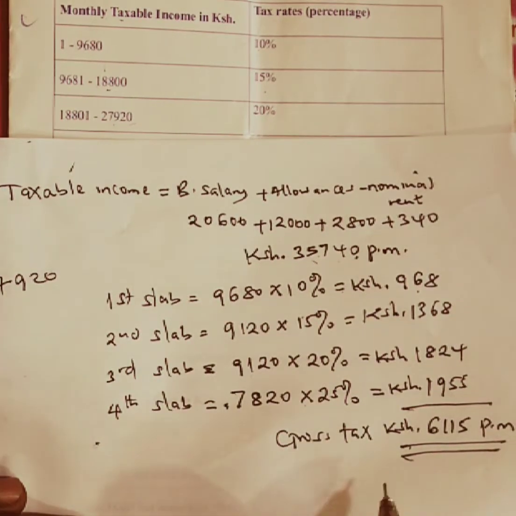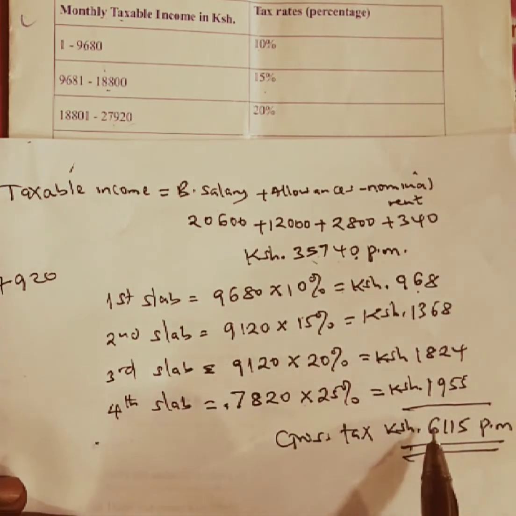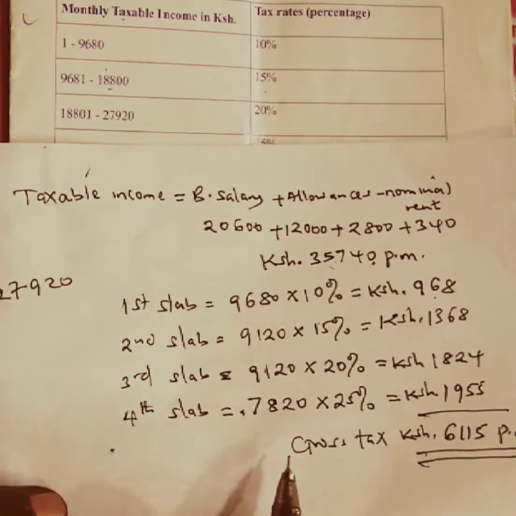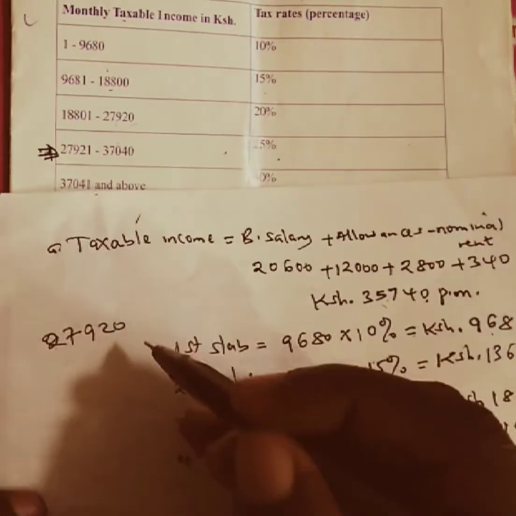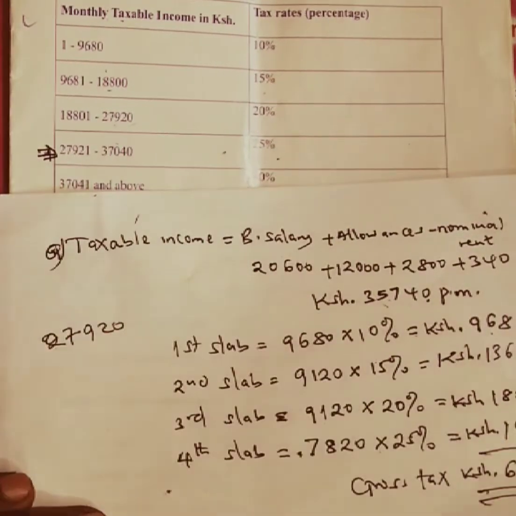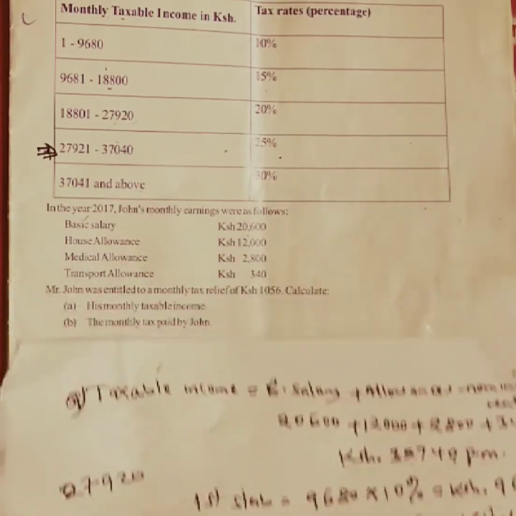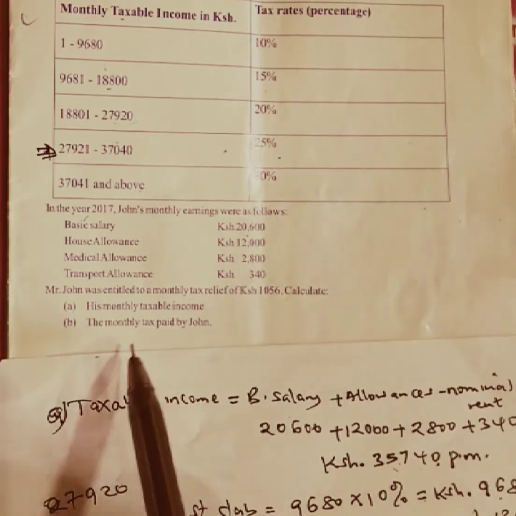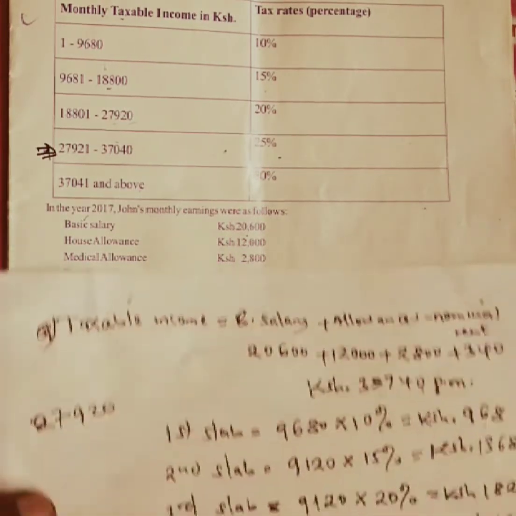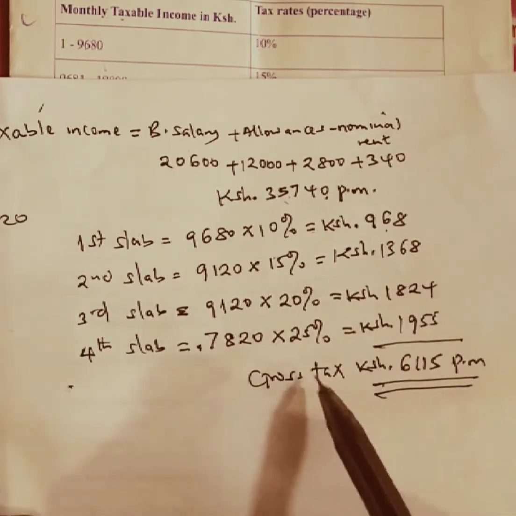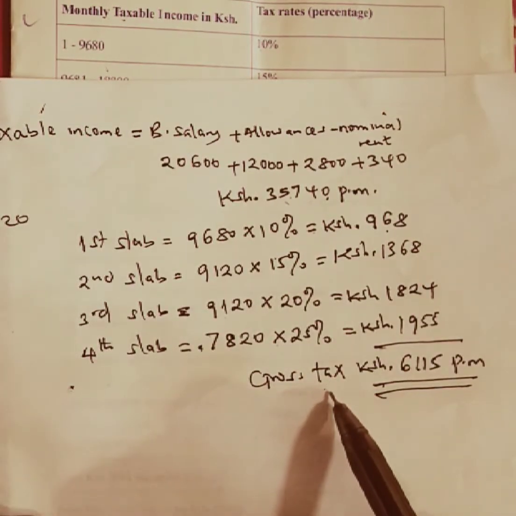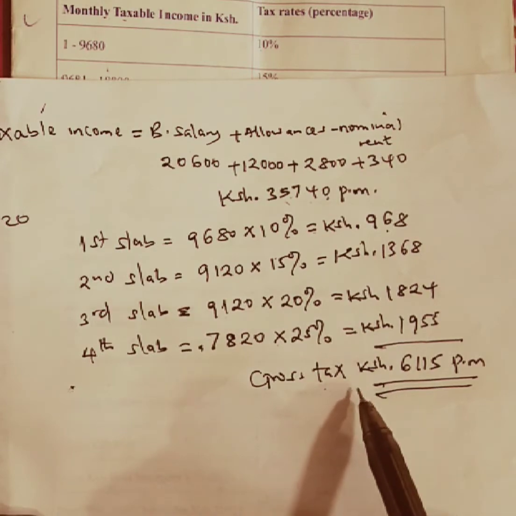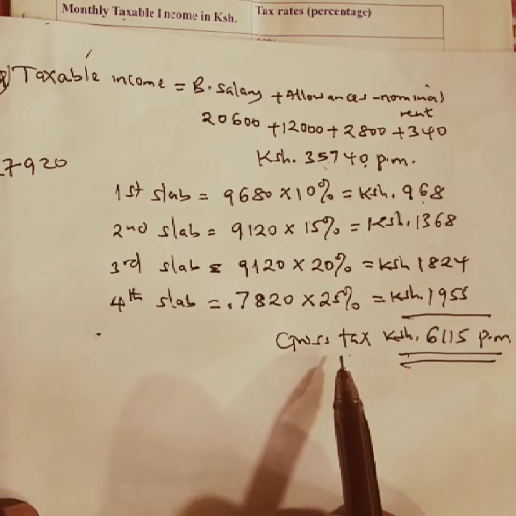This is the amount of tax that this person is supposed to pay, and by so doing, you would have done part A of the question that requires us to calculate his monthly taxable income. Monthly taxable income is the same as the gross tax, or tax that is calculatable from the table.